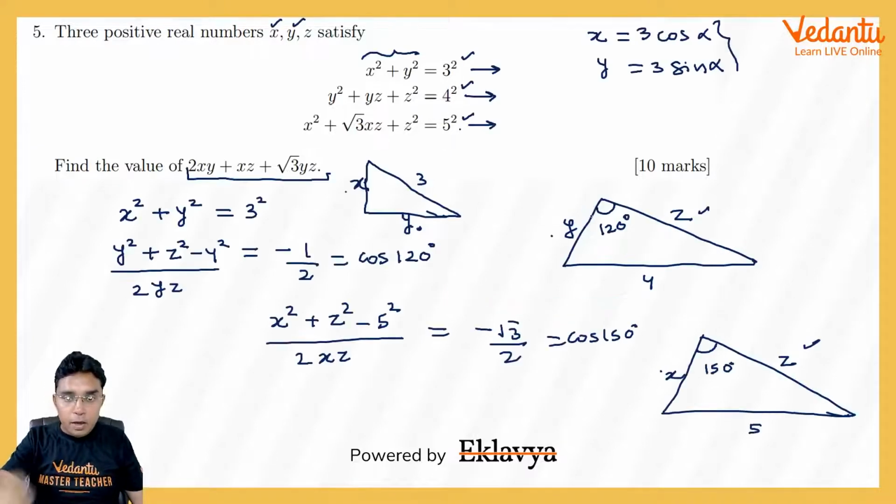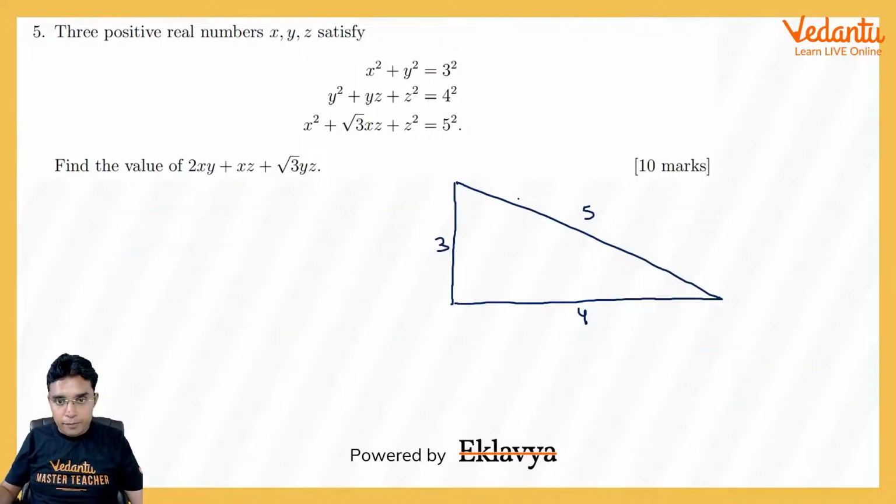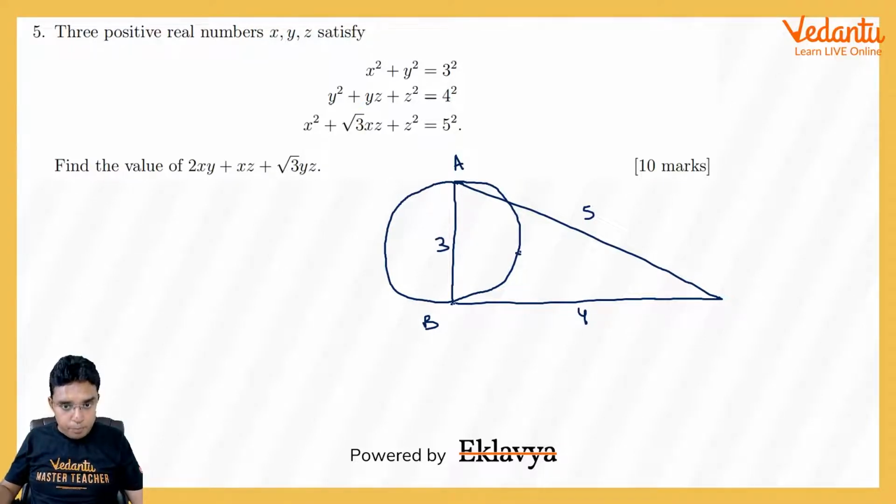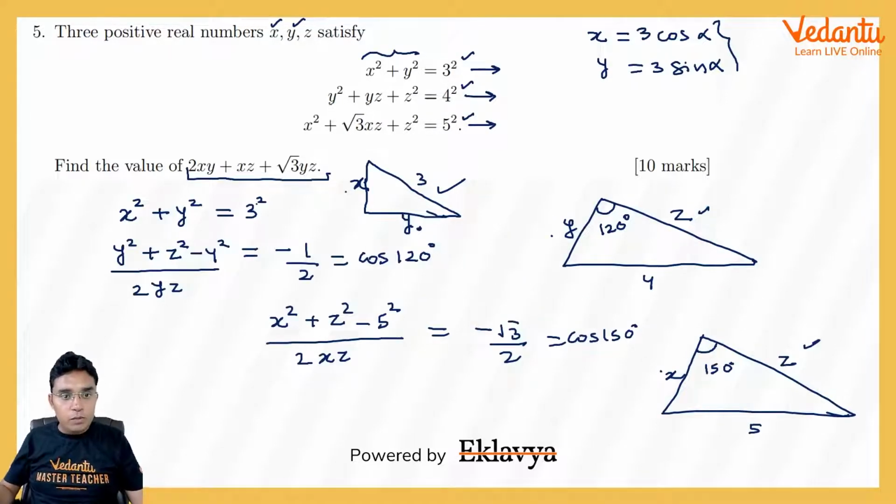Now to make this kind of triangle whose hypotenuse is 3 and other two sides are x and y, I will make one circle taking this side 3 as a diameter. So this side is, let us say, AB. Now if you take any point on this circle, join it with A and join it with B, we will get x and y such that x square plus y square will be equal to 3 square.